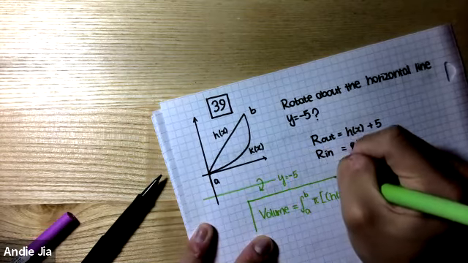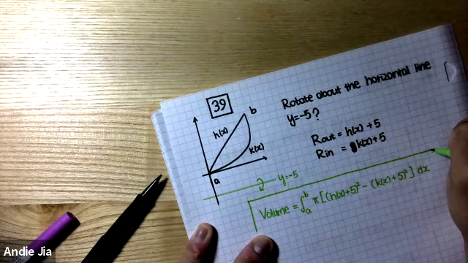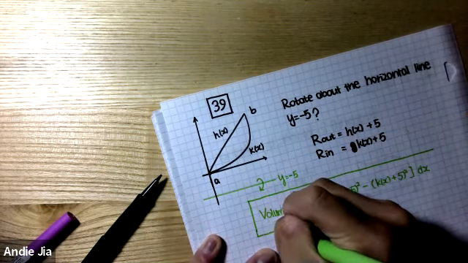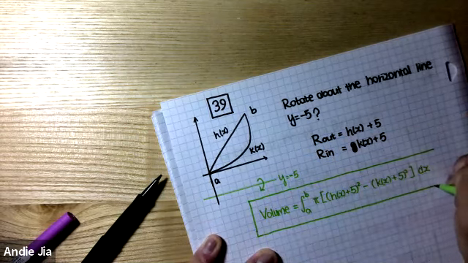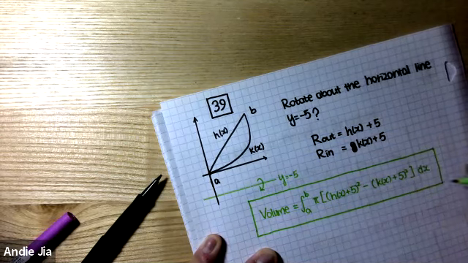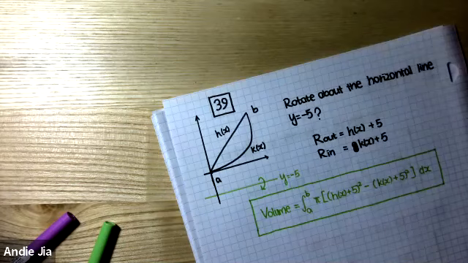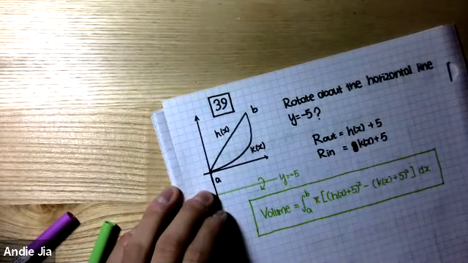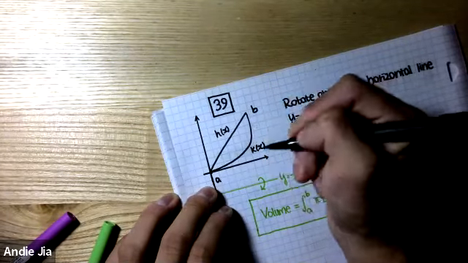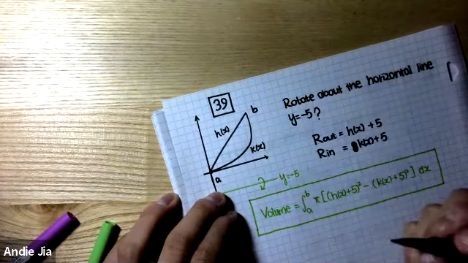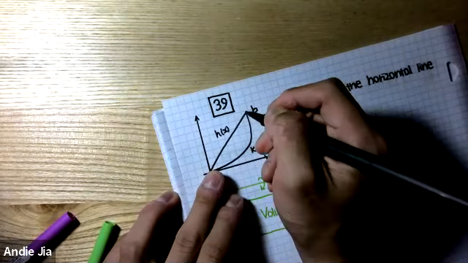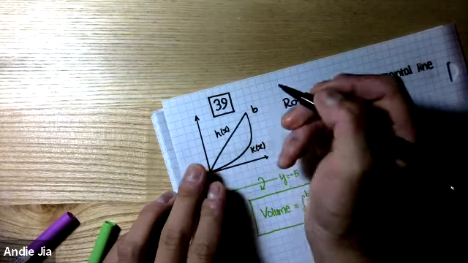Another one. What if the axis of rotation is under the area of the solid?